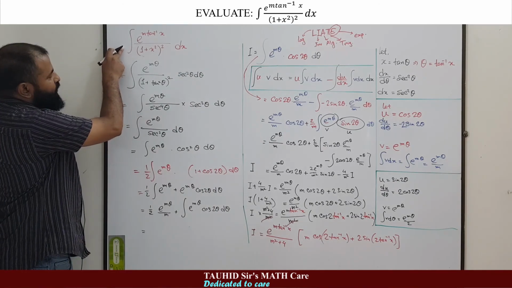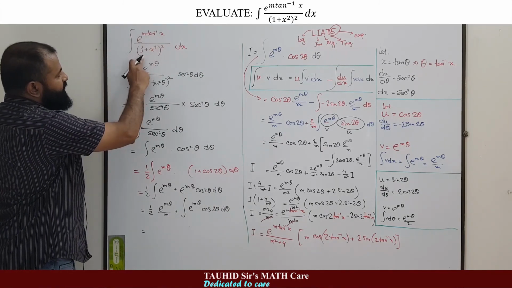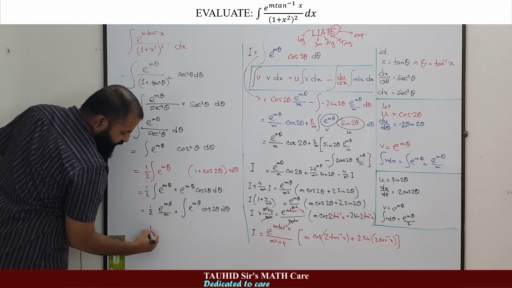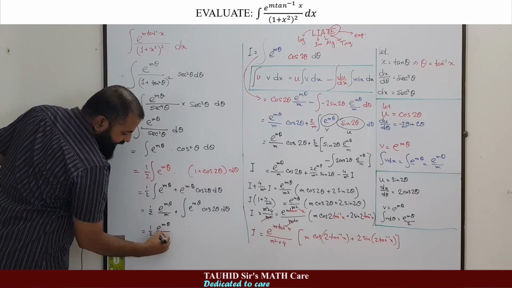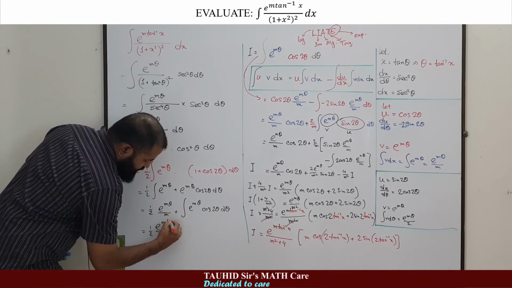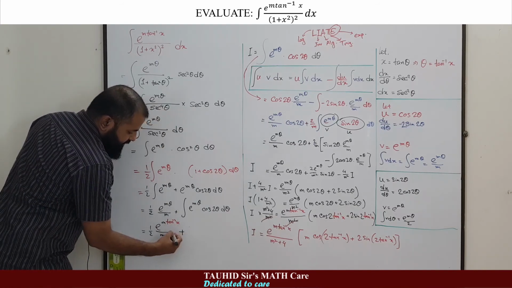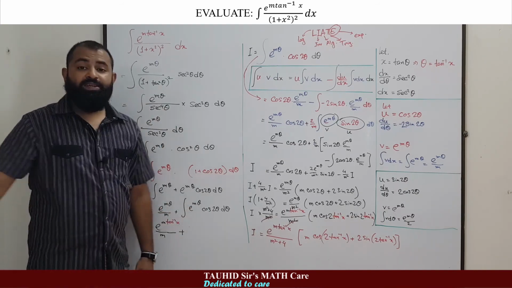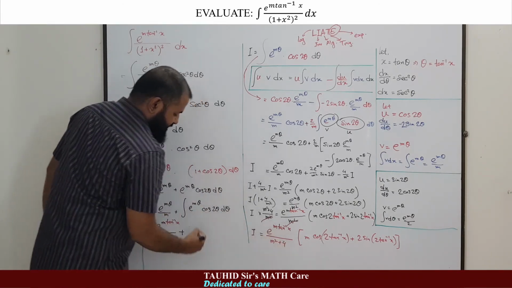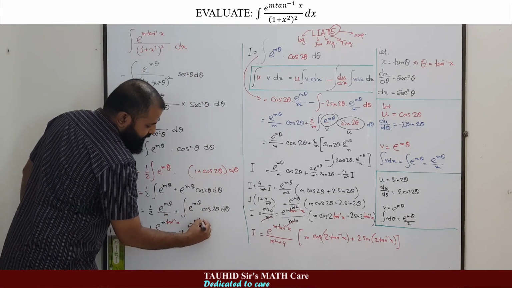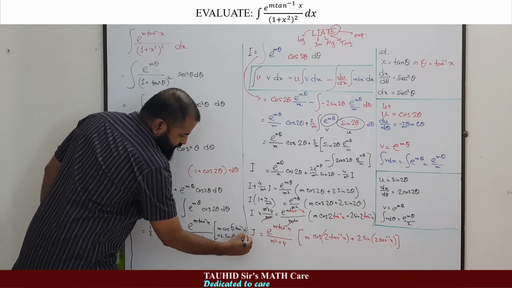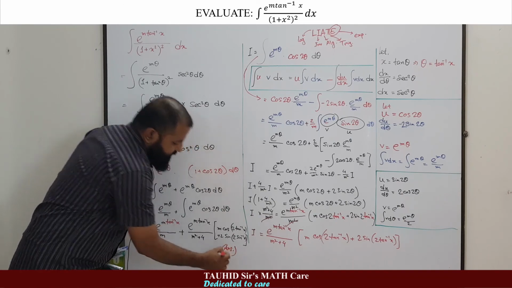So integration of e to the power m tan inverse x divided by 1 plus x square whole square dx, the final answer will be half e to the power m theta by m. We will put the value of theta, that is tan inverse x, plus value of this integral. We have calculated this as this huge thing and we will put the value here, and this is our answer.